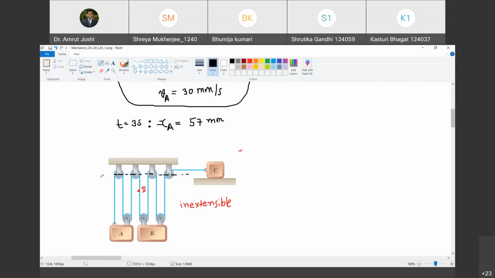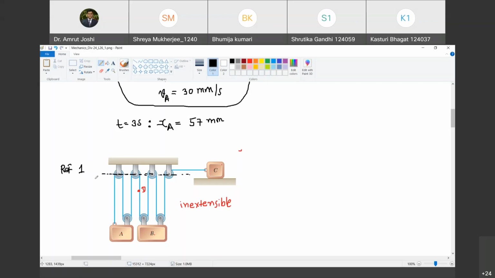Yes, sir. Okay. So we need to measure the distance of A and B with reference to a horizontal reference line. If it is moving in the vertical plane, we have to define a horizontal reference line. Are you with me? Yes, sir. I have defined this as reference line 1. Okay.